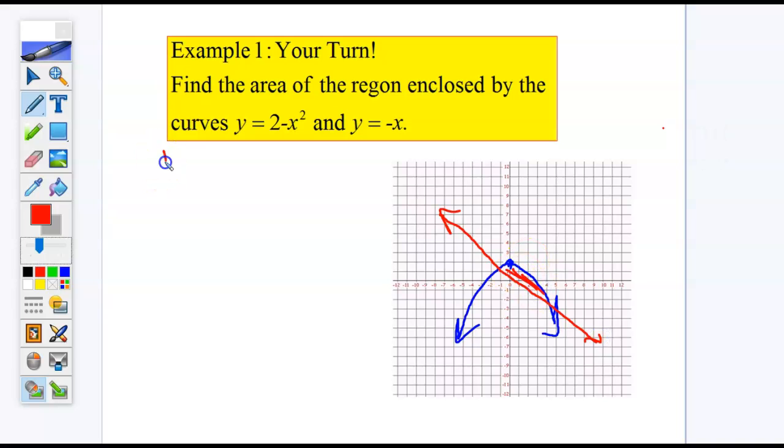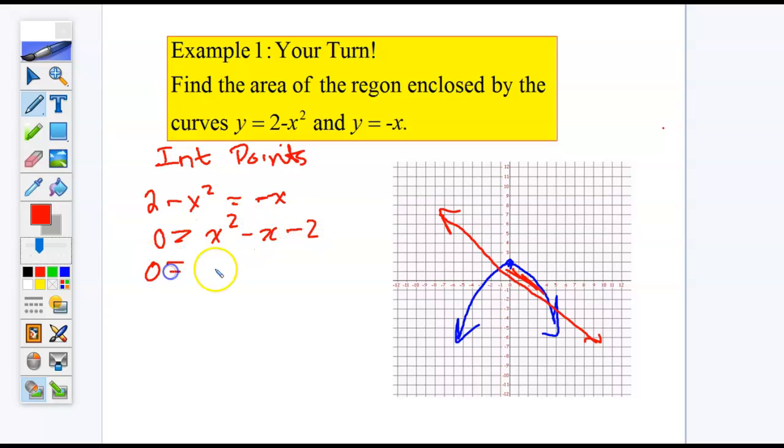Again, to find the intersection points, I'm going to equate the two functions. So I'm going to have 2 minus x squared equals negative x. Set this function equal to 0, and I'm going to get x minus 2, x plus 1. So again, x is 2 or x is negative 1.